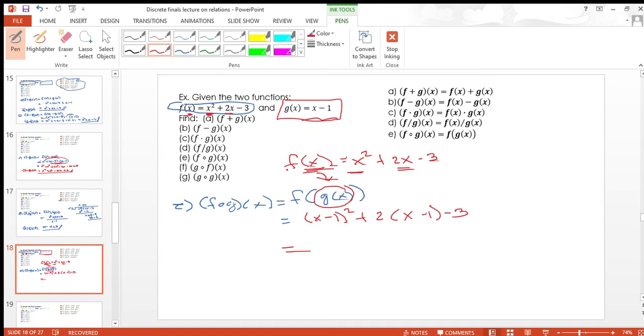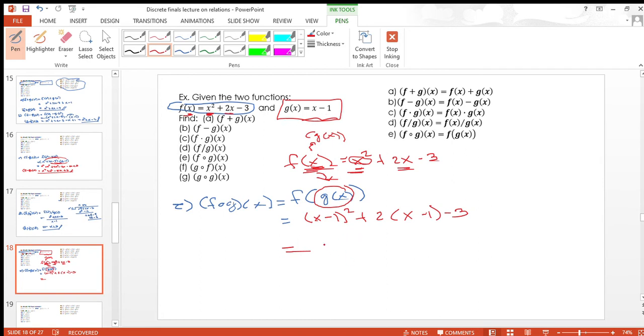Again, if f of x is x squared plus 2x minus 3, if you now replace your x by g of x, you change each x by g of x. And g of x is x minus 1. Kaya yung x squared, yung x, papalitan mo ng x minus 1, kasi papalitan mo siya ng g of x. Yung x dito sa 2x, papalitan mo si x ng g of x, which is x minus 1.